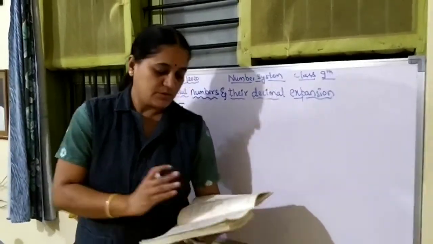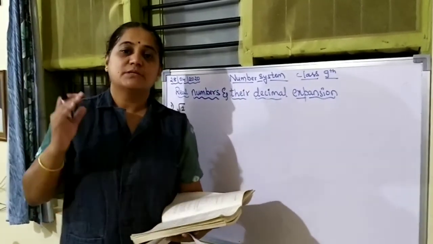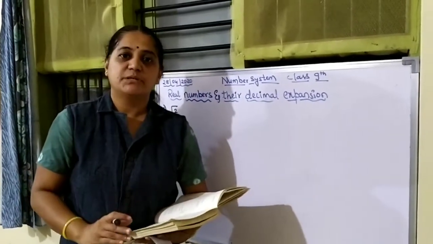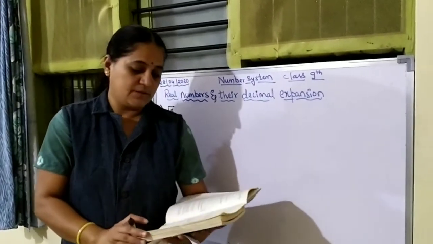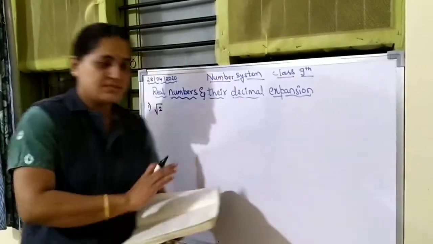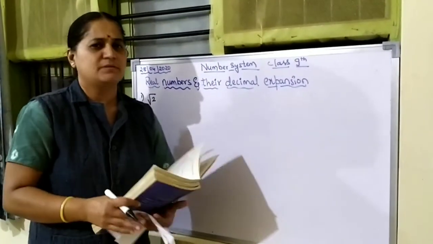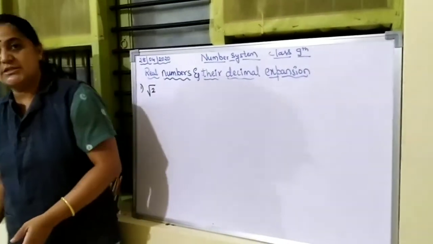This was a very proud moment to say that yes, it was there in our ancient period. In the same way, even Archimedes has given it around 287 BC. Now let us see the division method, by doing the division method the decimal expansion of root 2, which is an irrational number.